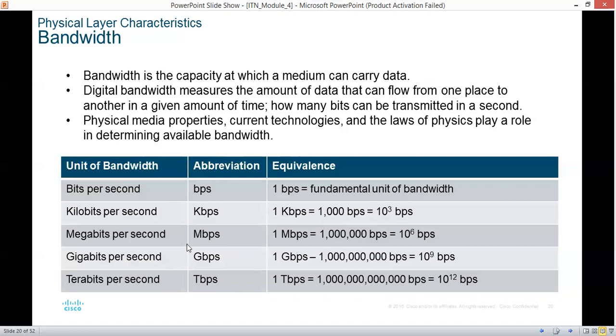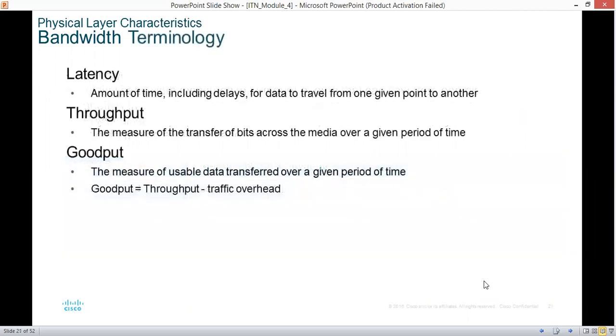Same thing for megabit, it's 1 million. For gigabit, that is 1 billion, that's 10 to the power of 9. And for terabit, it is 10 to the power of 12. So you can see each is a multiple of 1000. That's the capacity at which the bandwidth is being rated.